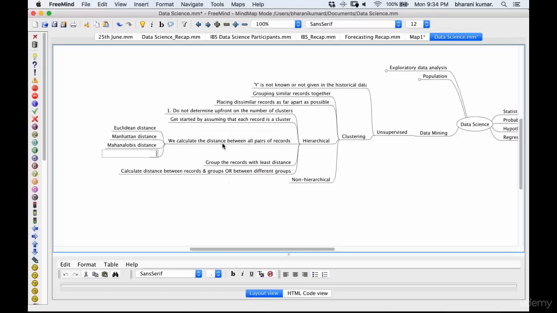Now whenever you want to calculate the distance between records which are numerical, all these three work very well.